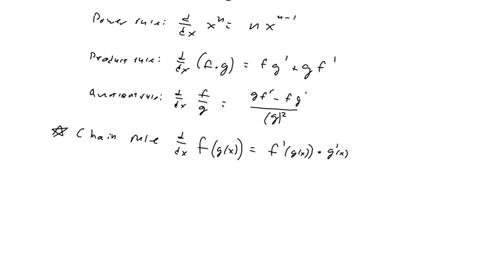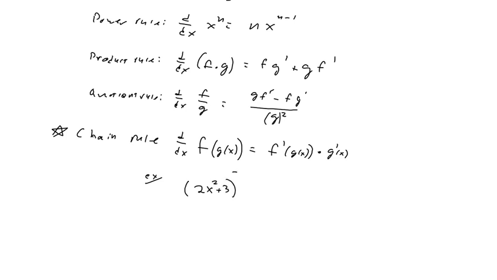Say I have a function that's like this. 2x squared plus 3 to the third power. This is a kind of function that has like 2 layers.